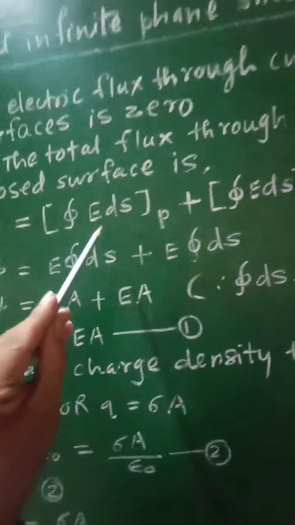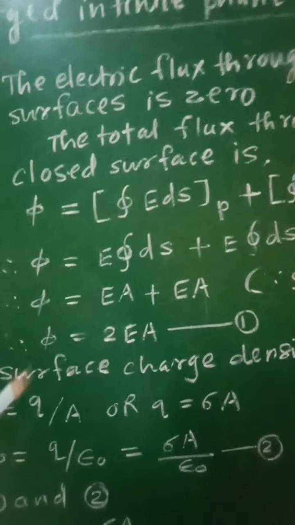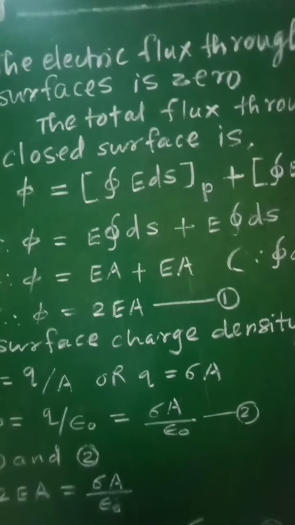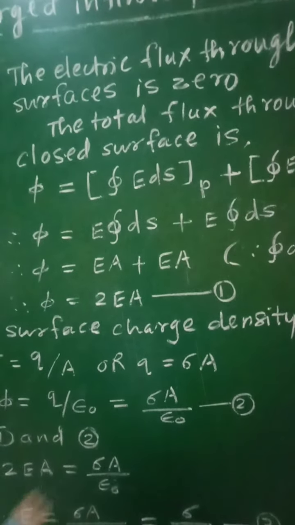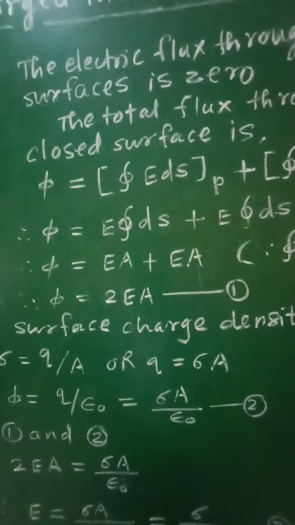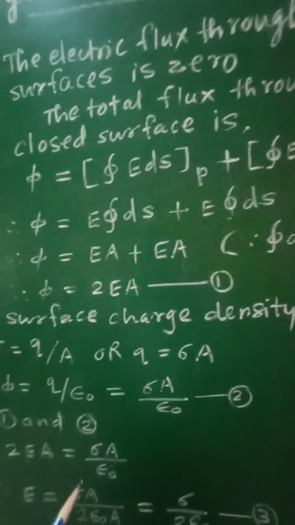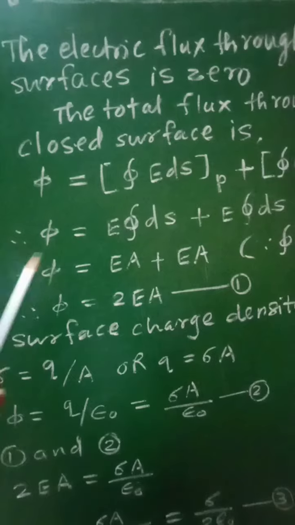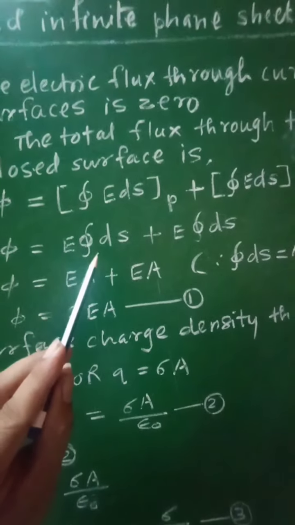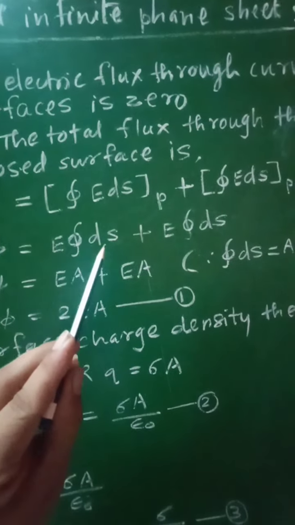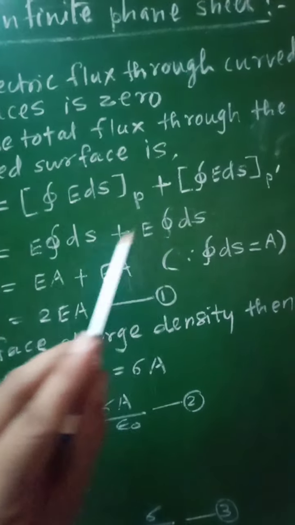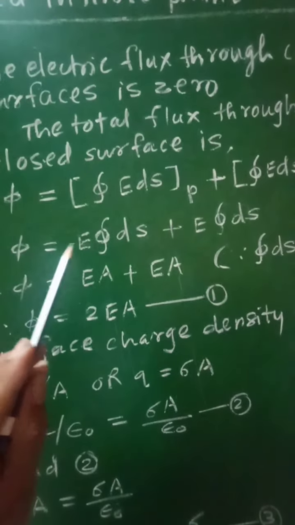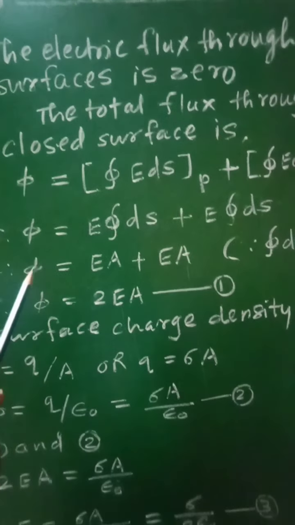Here theta will be equal to 0, that is the angle between the direction of electric field E and the normal to the surface is 0, and therefore cos theta will be equal to 1. Therefore phi equal to E into integration over closed surface ds plus E into integration over closed surface ds. As E is constant, it is taken out of the integration.